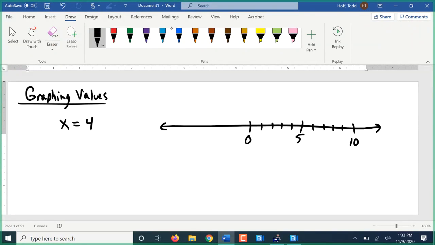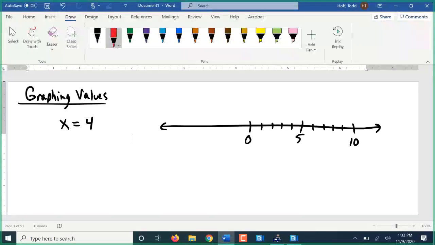One of them, when we were working with negative integers, was that vector representation where we started at 0 and we went to 4 with that arrow, that vector. If we were going to represent a lot of values, though, that would get quite cluttered.